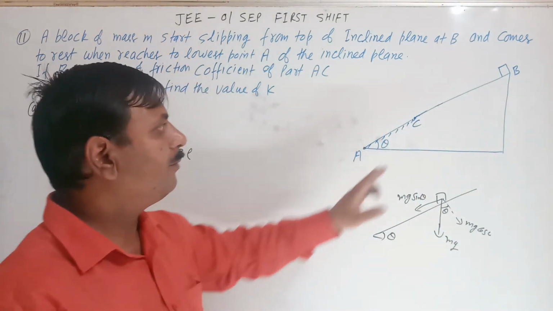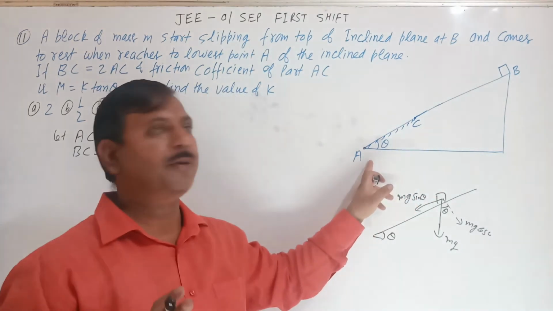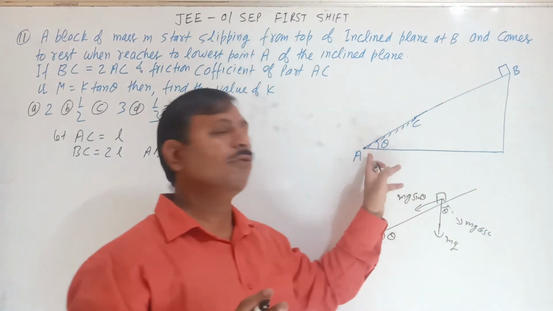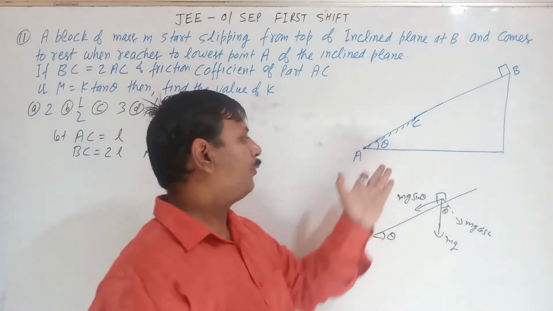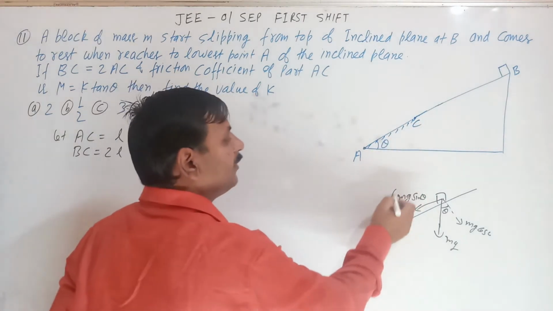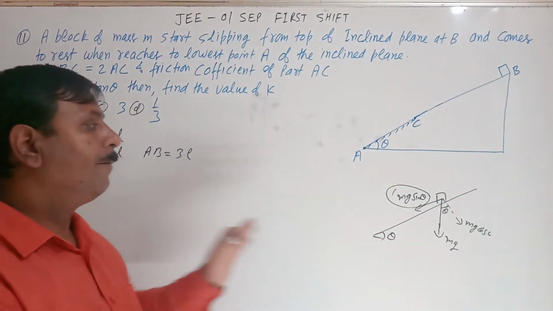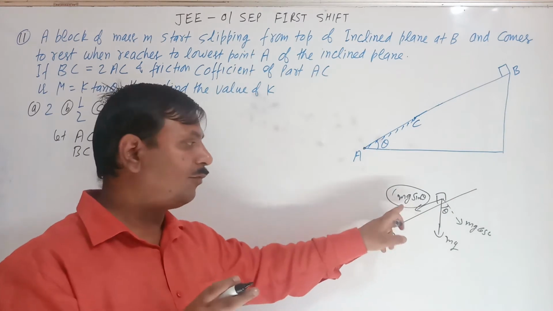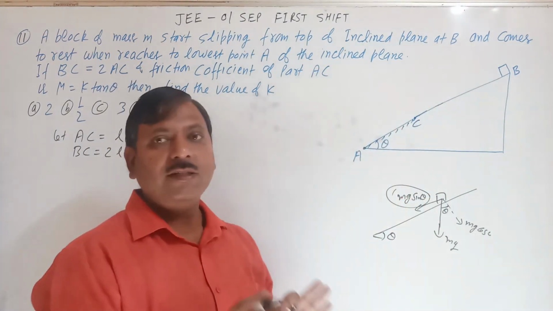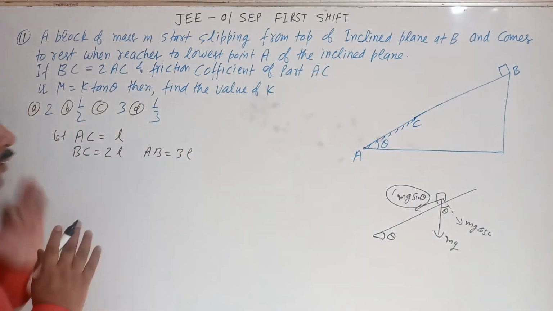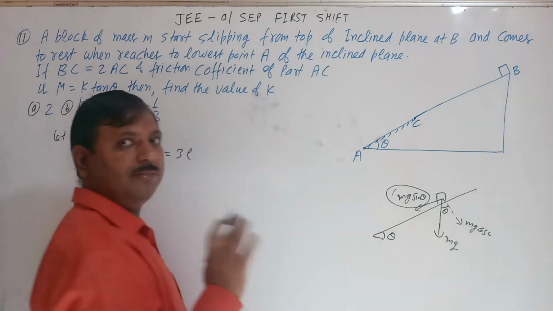That's why, because initially it is at rest at B, and at A also it is at rest. So work done by gravitational force from B to A is equal to work done by friction force. So we can see here the mg sin theta component will be along BA. This will be the force acted by gravitation upon the block of mass M. So work done by this gravitational force is mg sin theta.